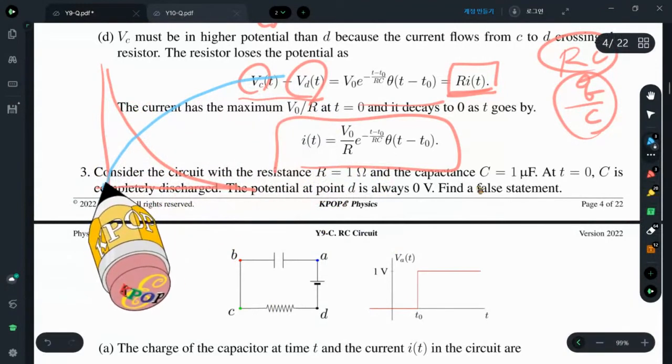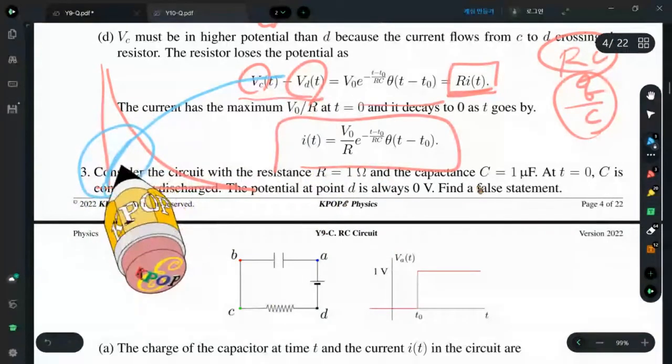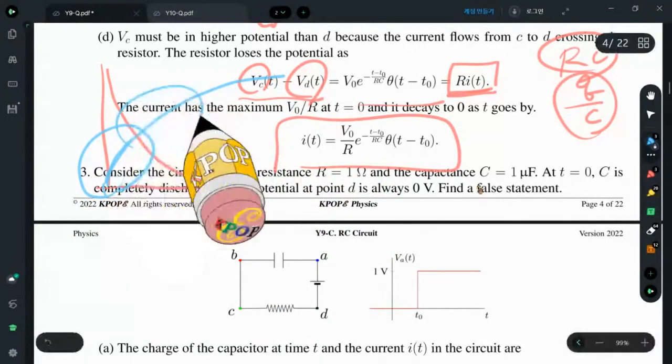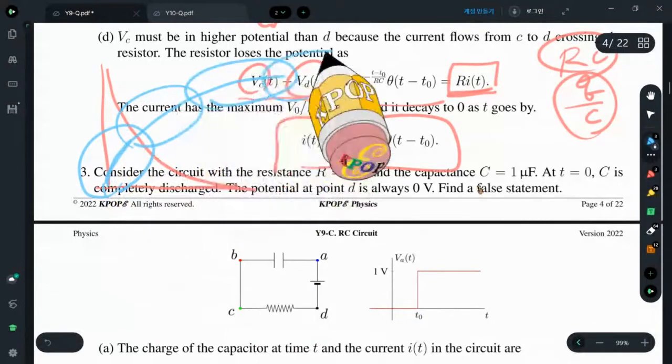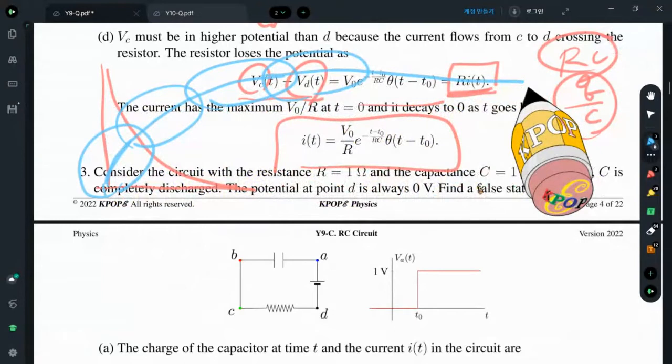So the charging process is very fast when you just plug in, but it takes a longer time, and actually infinite time, to fill by 100%. If you want to charge your cell phone, they say it is completely filled by 100%, but actually it is impossible to fill exactly 100%.